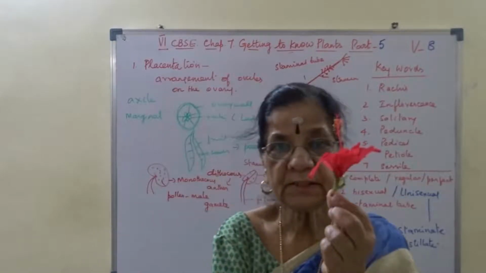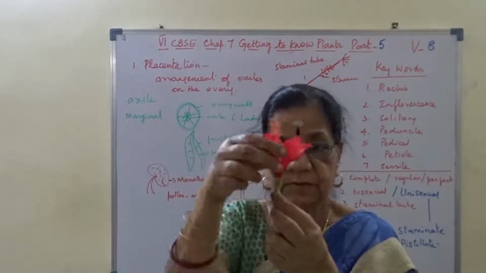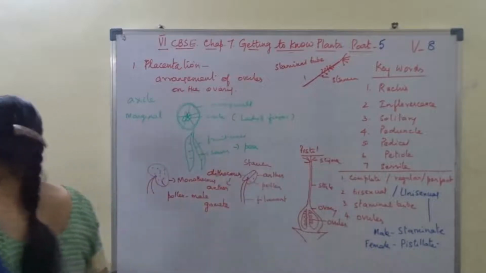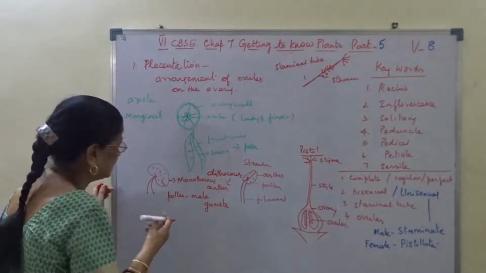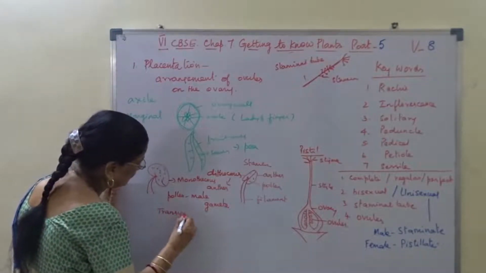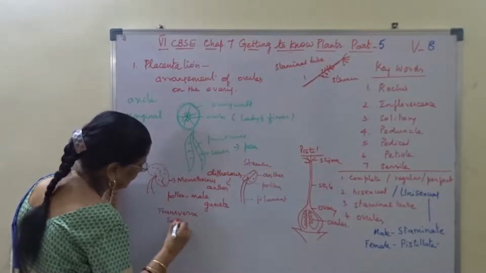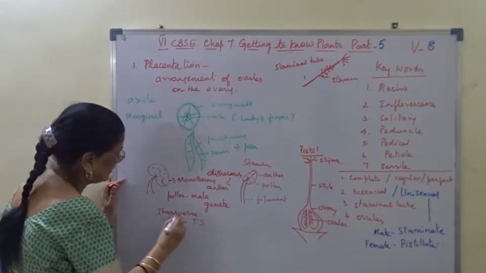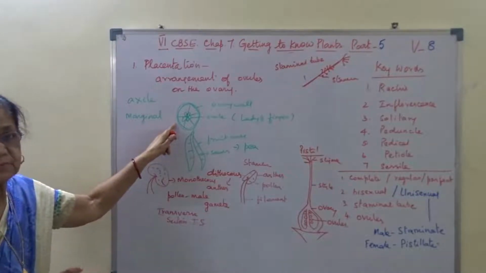Now when you cut this flower like this, this is called transverse section. Transverse section, in short as TS.